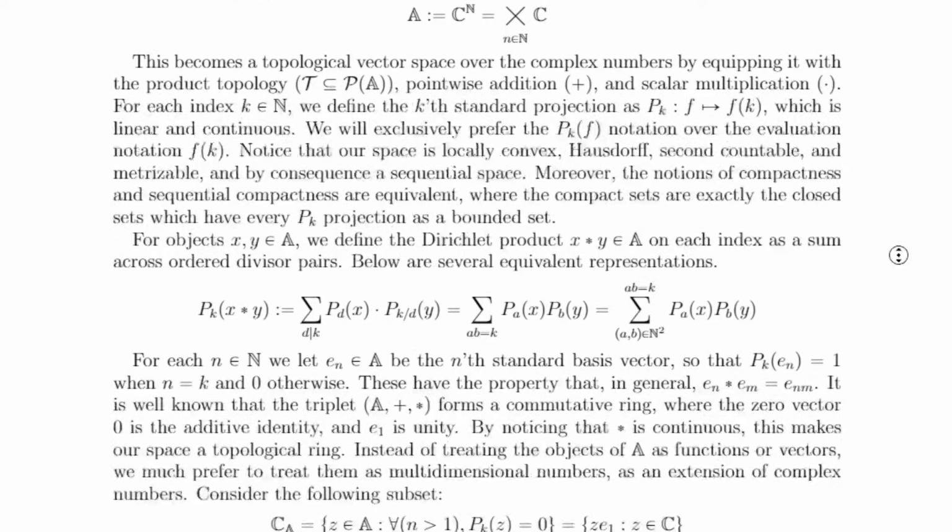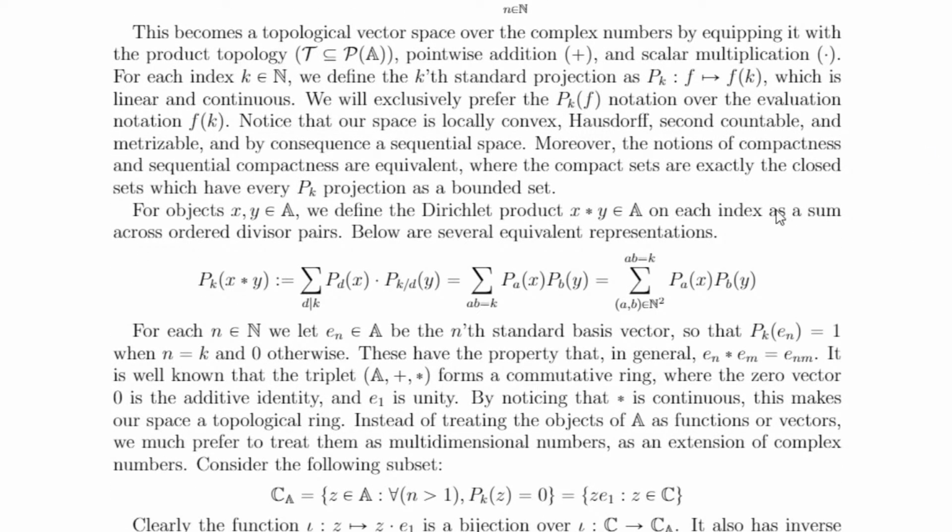Okay, so those are sort of the key notions. We also have one other useful thing: because we have a very nice topology, the notions of compactness and sequential compactness happen to be the same.